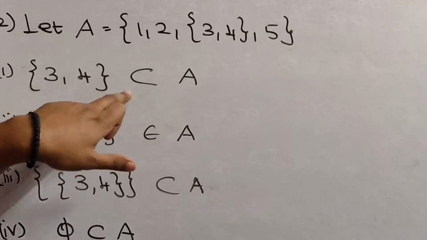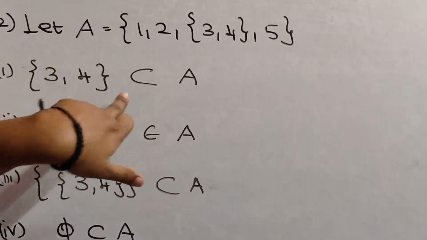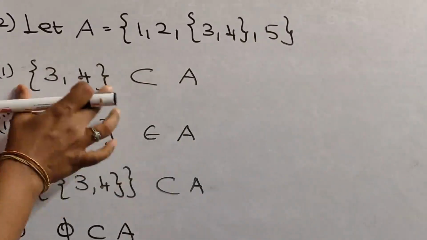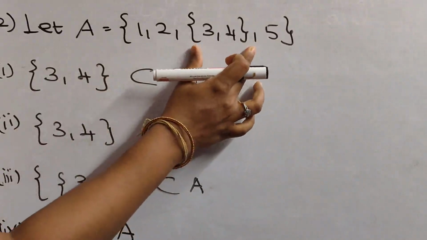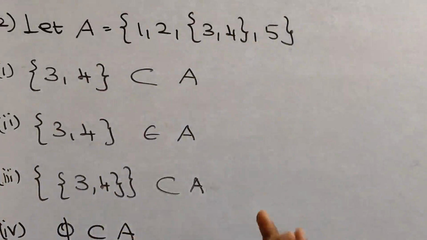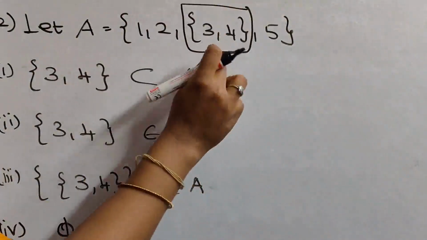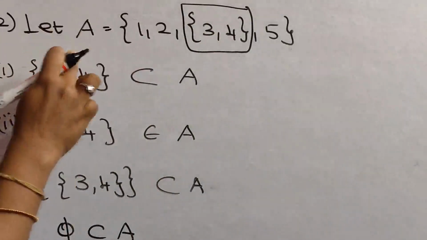{3, 4} is a subset of A. I told you, this type of problem only you will get confused. The confusion started. See, {3, 4} is a subset of A. But see how {3, 4} is represented in the set. It's inside the bracket. So we will consider this whole {3, 4} as an element of this set, not a subset.